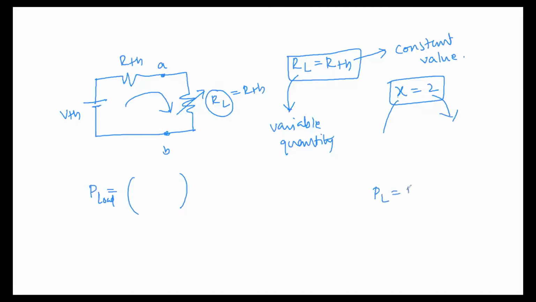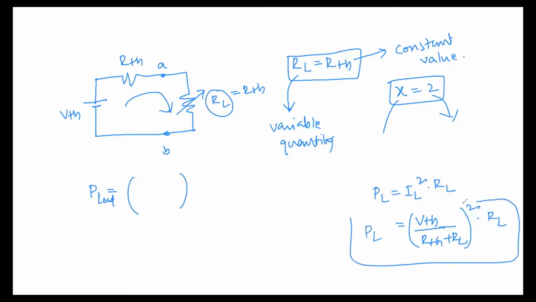PL is equal to IL square into RL. What is IL? VTH divided by RTH plus RL, whole square, into RL. This is the load power.